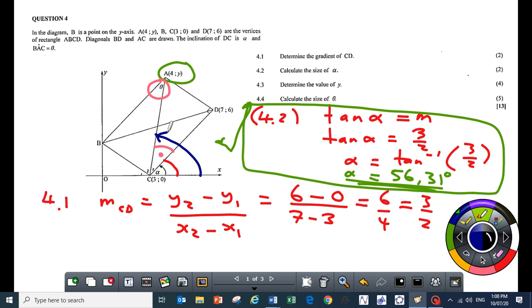And once I find the size of this angle, I know what alpha is. So I can subtract alpha from that angle to get this angle. I'm going to give a name to this angle, I'll call it beta.